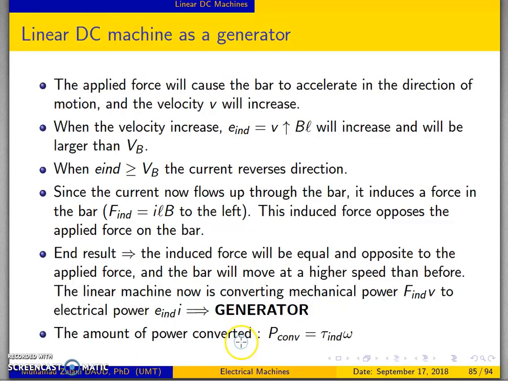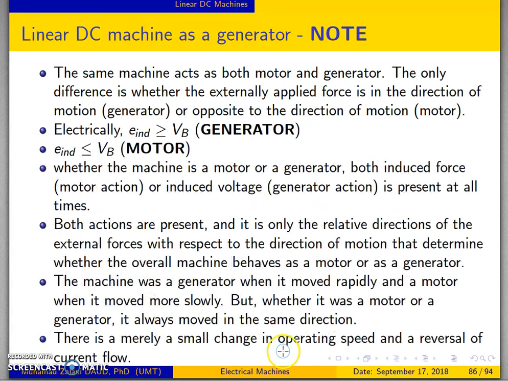The amount of power converted is P_conv equals tau_ind times omega. It means we can use the torque with the angular speed of the rotor or shaft to calculate the power of the converter.